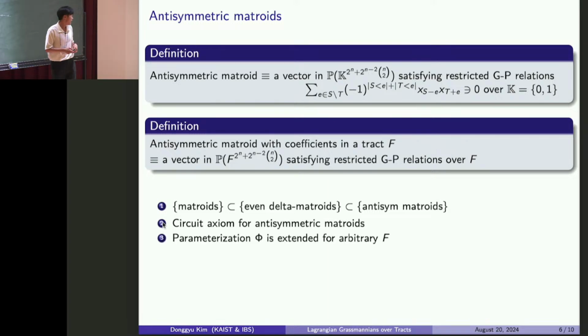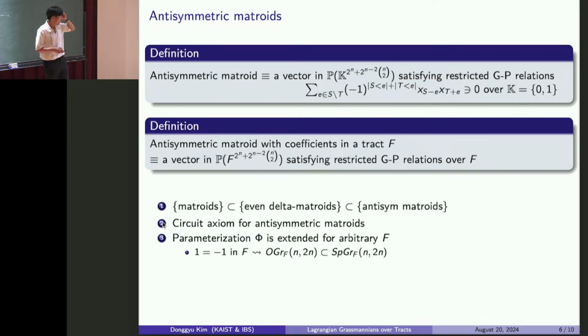And the other thing is I already introduced this parameterization phi, but it can be extended to an arbitrary tract F. What it means is that if F is our Krasner hyperfield, then this is nothing but the cryptomorphism between the basis exchange axiom and the circuit axiom. And yeah, you can extend this to any other field, any other tract.